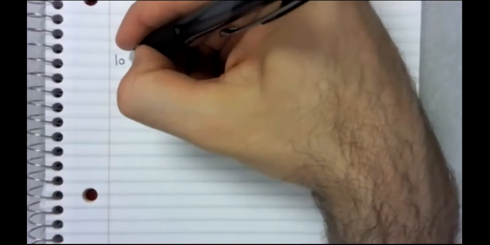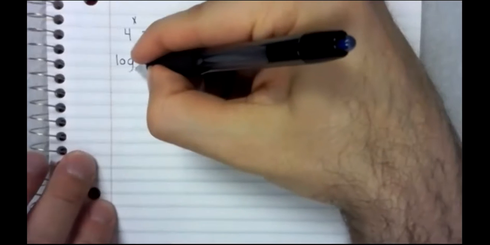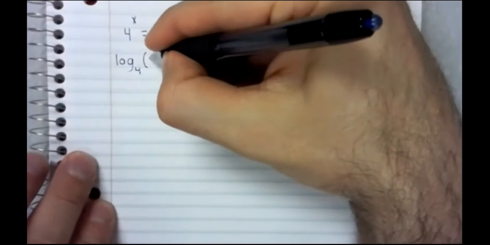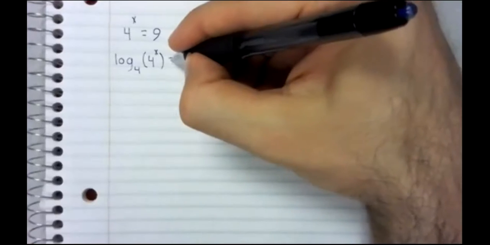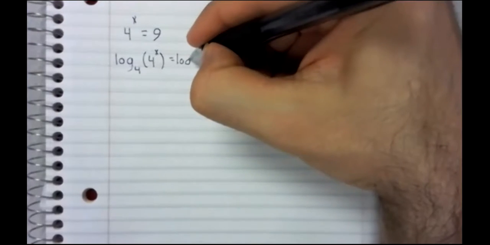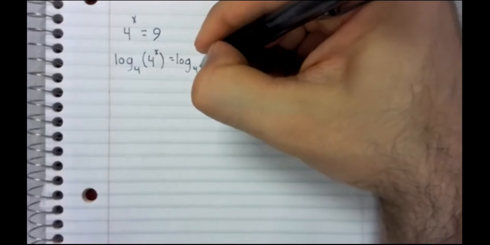And when we were first introduced to such equations, we solved them by taking the logarithm of an appropriate base. The first way we approached these equations would have us take the log base 4.